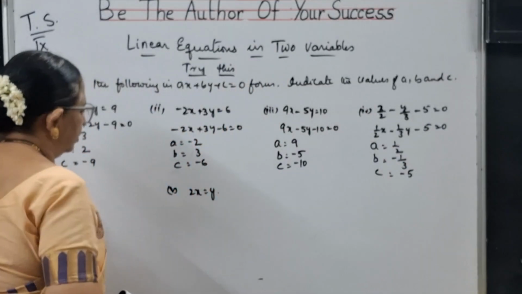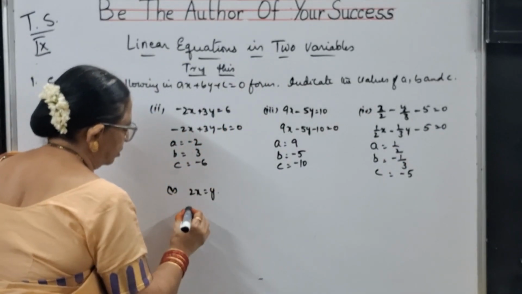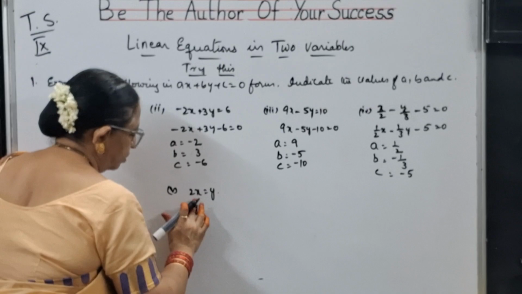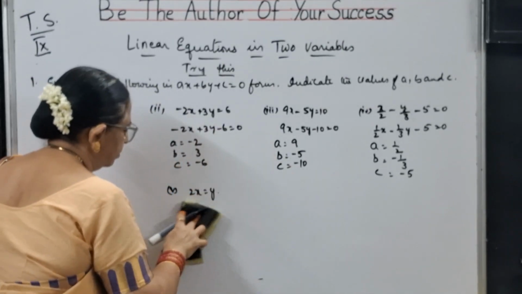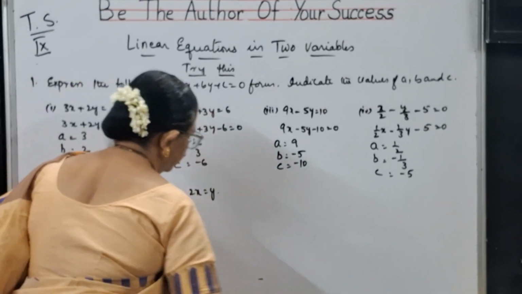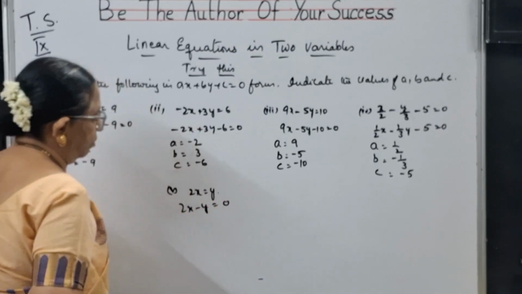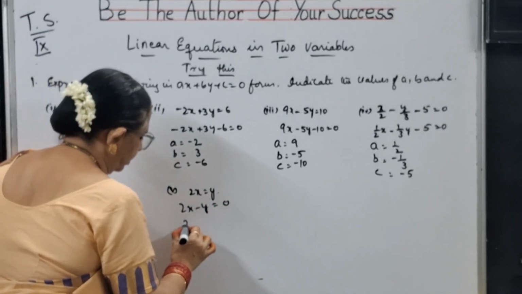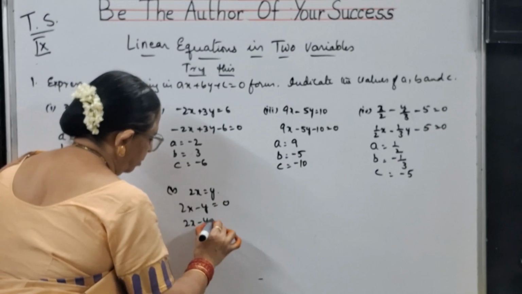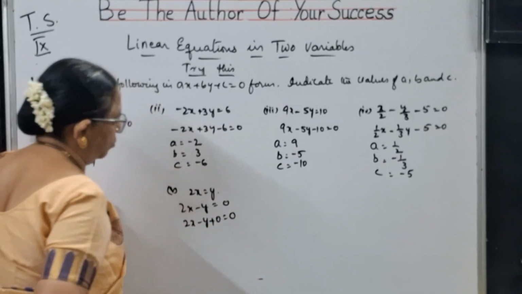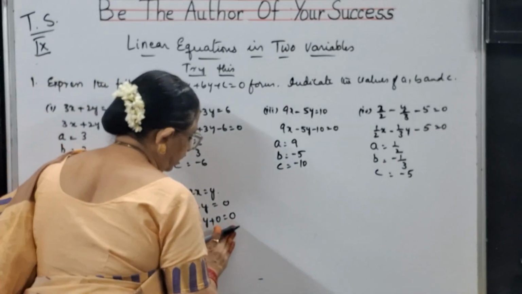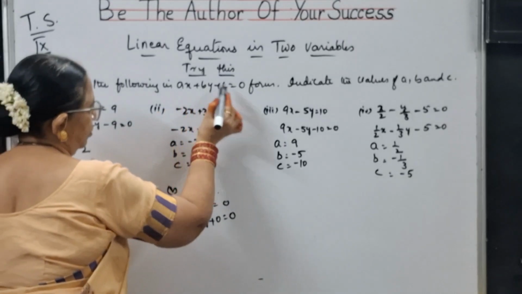Now, 2x minus y is equal to 0. But we will write it as 2x minus y plus 0 is equal to 0. Why? Because you have to write it in the form of ax plus by plus c.